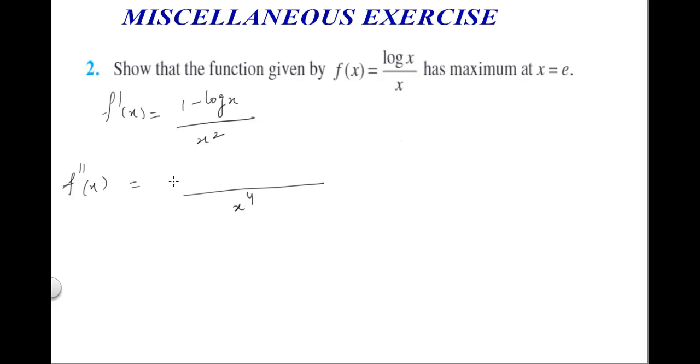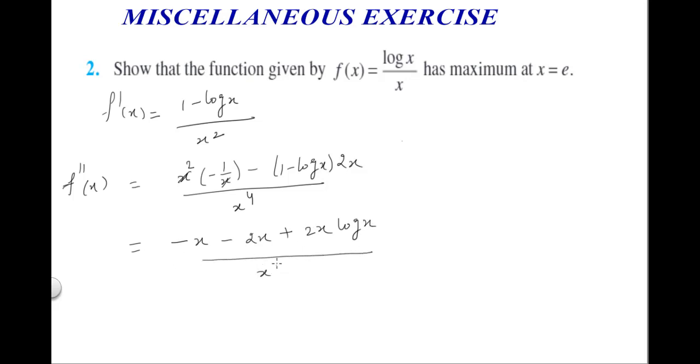Then x square as it is, times the differentiation of 1 minus log x, which is minus 1 upon x, minus 1 minus log x as it is, times the differentiation of x square, which is 2x. Now we cancel 1 x here, and we get minus x minus 2x plus 2x log x divided by x to the power 4.